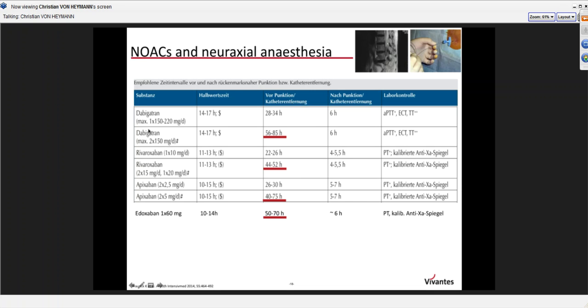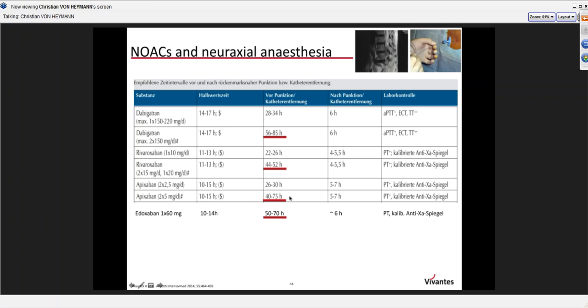These data say that for dabigatran, you should stop the drug, as I explained before, roughly between 60 to 80 hours, almost 3 to 4 days. This is also a bit shorter for rivaroxaban. This is roughly 2 days, a bit more if you want to be very sure and safe, then you wait at least 2 days.